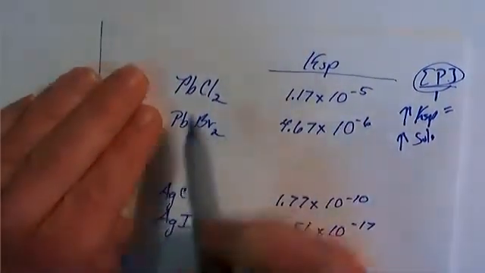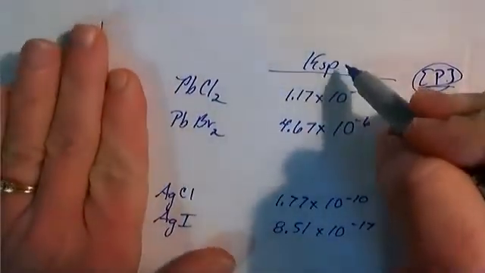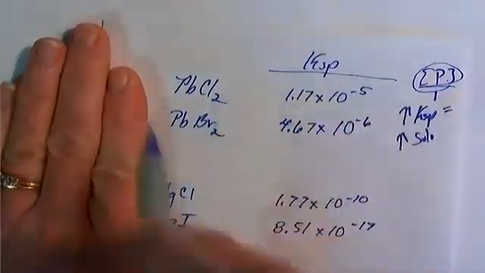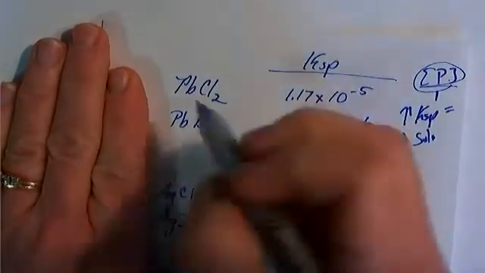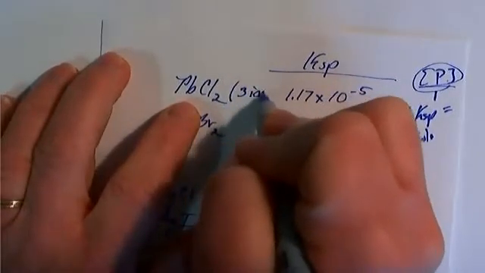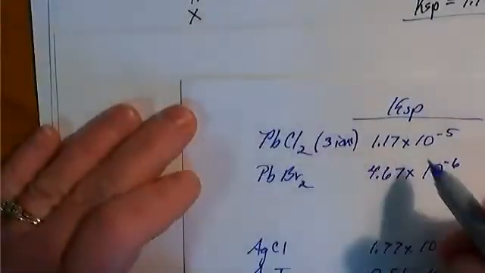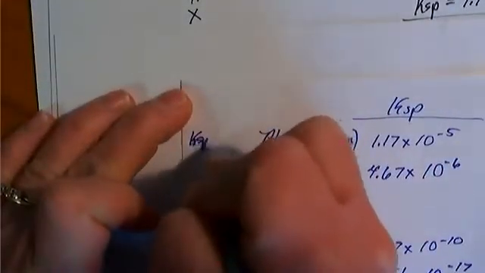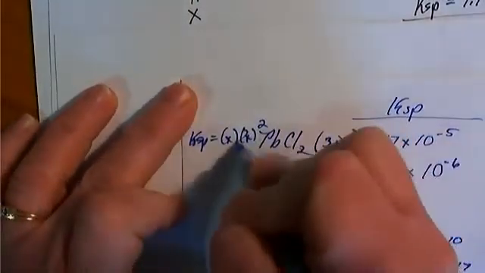Now, you just need to take care because we can only directly compare Ksp values when our substances create the same ratio of ions. So PbCl2 is 3 ions. And so our Ksp will end up being Pb plus 2 or x, and then 2 chlorides squared, 2x squared.